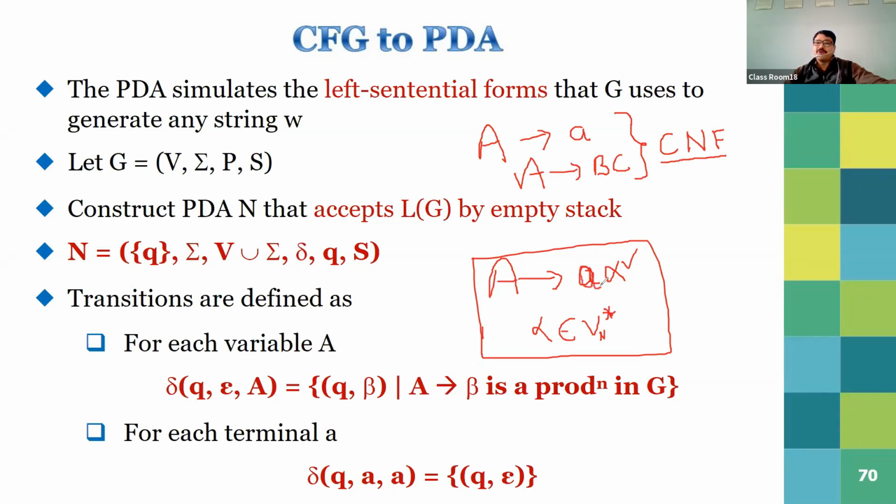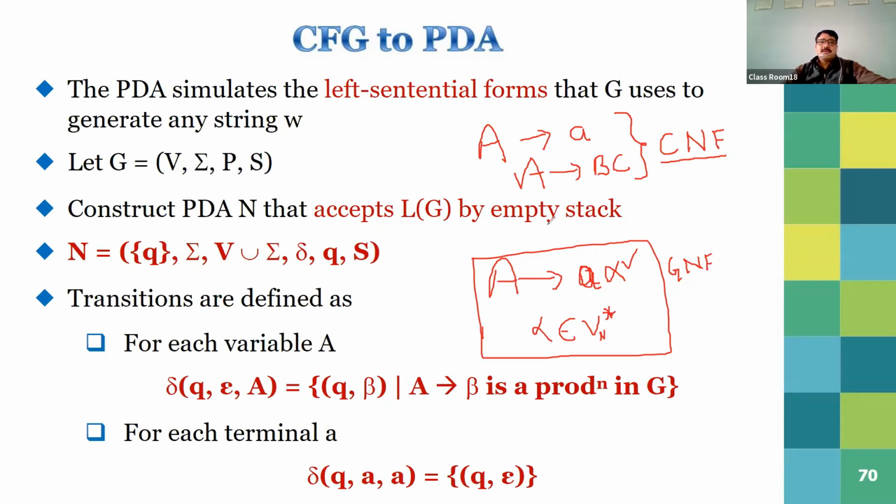This is the important point. Initially you must have the terminal. This is the simple rule of Greibach normal form. So we have converted context-free grammar into Chomsky normal form as well as Greibach normal form.